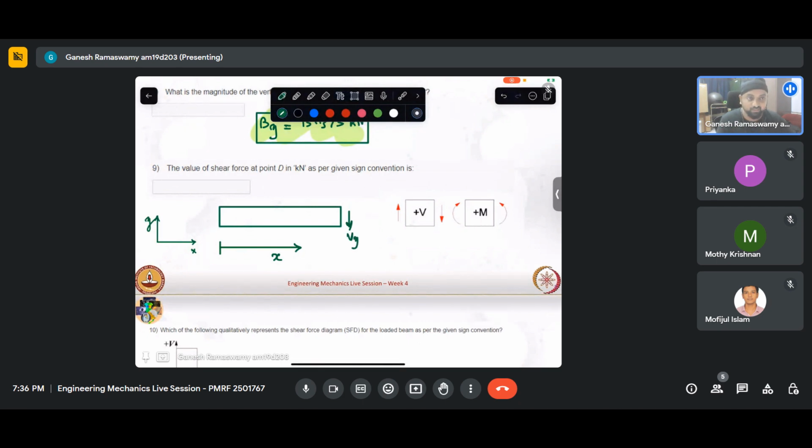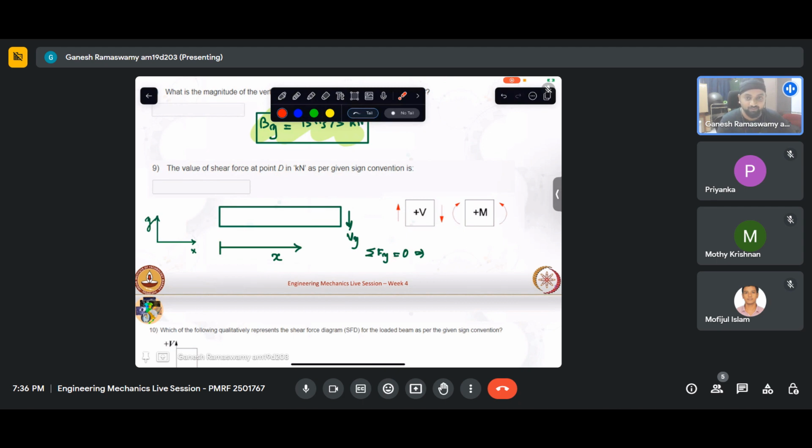In which case, whatever be the applied load, sigma Fy equaling 0 will always have this quantity, minus Vy, so I need not consider that. If I add up the rest of the forces as per the sign convention, that is the shear force at that section. I don't know if I've conveyed the point properly.